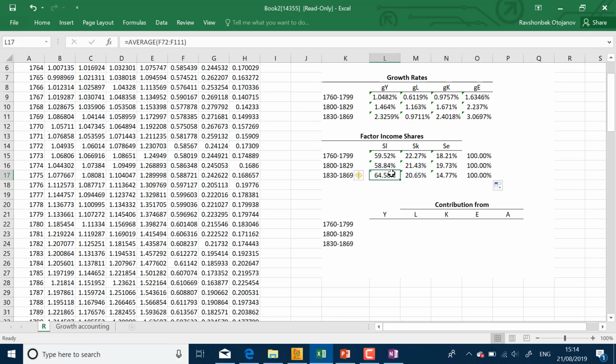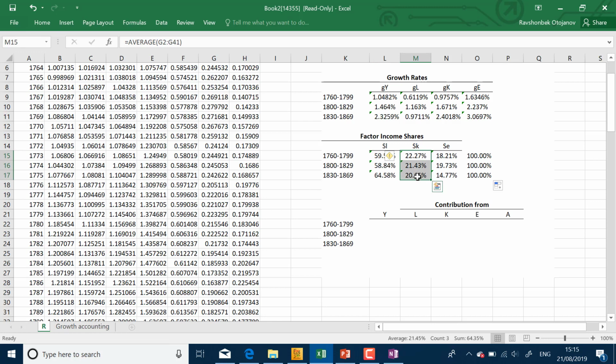Now labor income increased, not because there were more labor providers or workers, but there were also wage increases as well, in addition to extra workers joining the labor force. So the economy growing between this period basically meant that the wage income also increased.